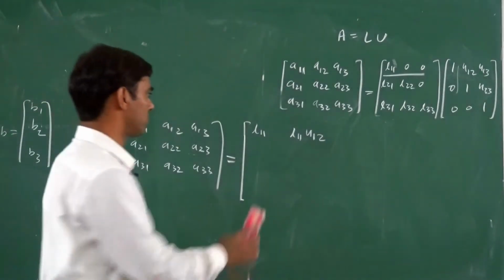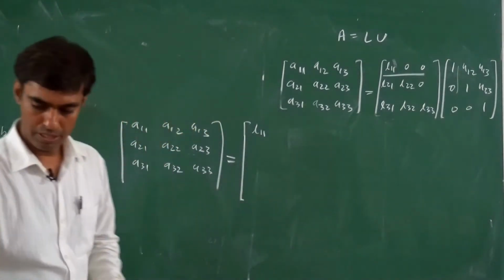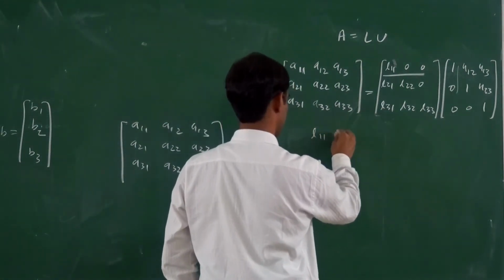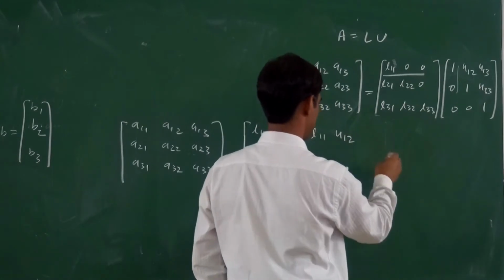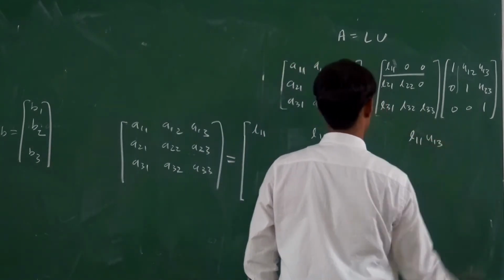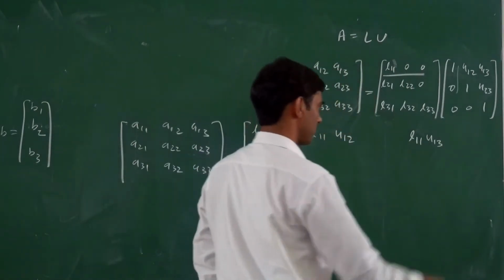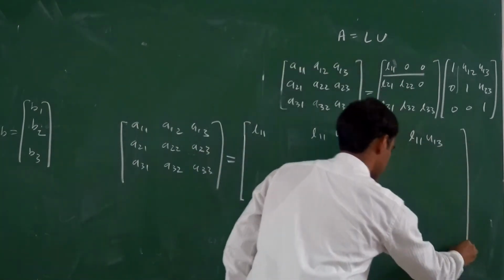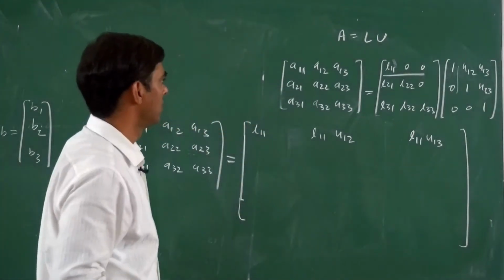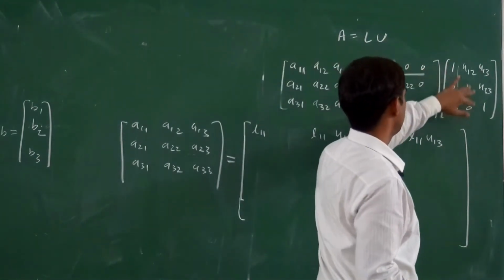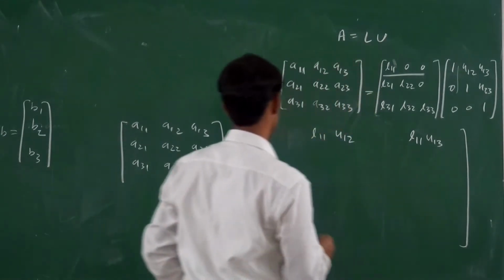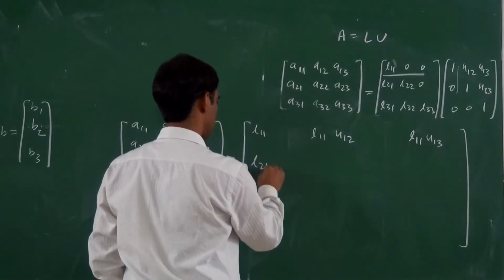So the first row is L11, L11 U12, L11 U13. What are the other elements? First row, first column; first row, second column; first row, third column; similarly second row, first column is L21.